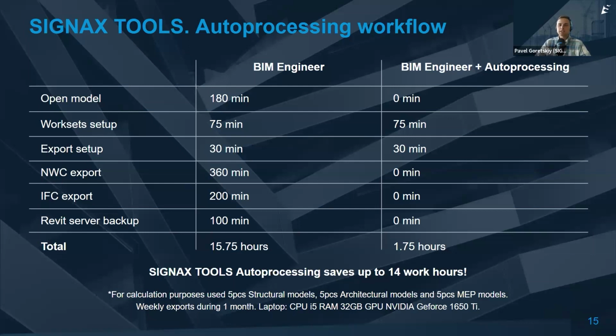So the estimated time doesn't count for human factors. So typically, more time is needed for export. By configuring auto processing, which requires about 1.5 hours of a BIM engineer's time, the time for opening, closing model, and setting up worksync and other export setting is eliminated.